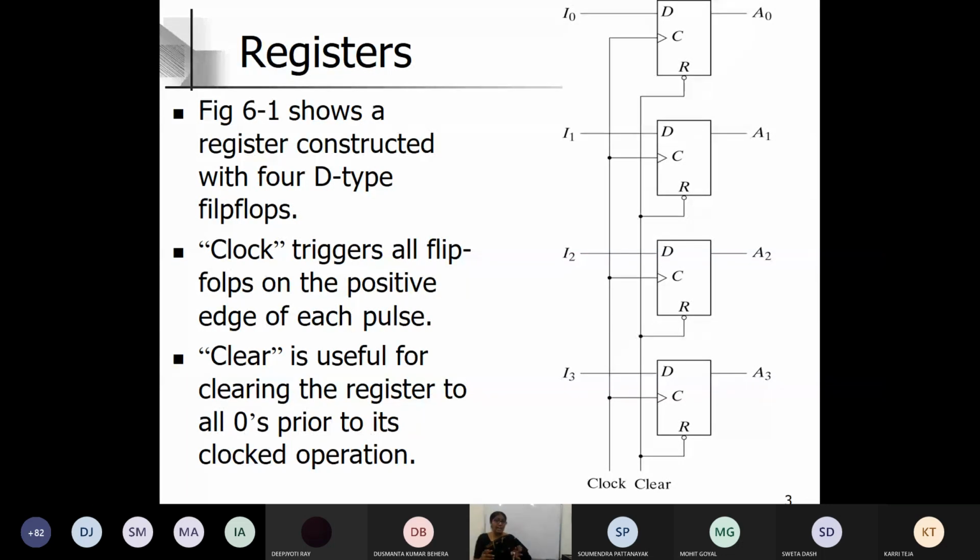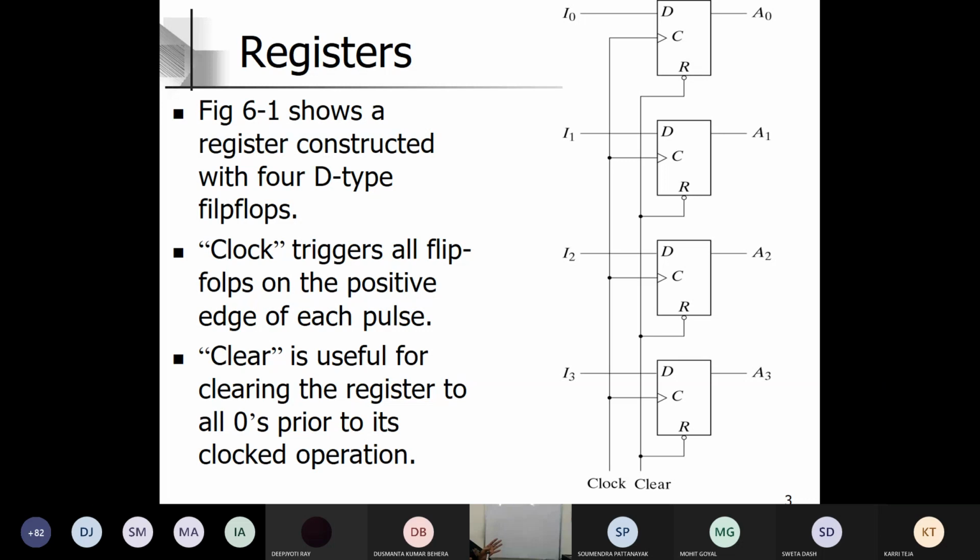In fact, it has a common clock pulse, so definitely it should be a synchronous circuit because they are all working on one trigger, one common positive clock pulse. And there are four inputs, and it's a D-type flip-flop. So what I can see is at a common clock pulse, four inputs enter into the four flip-flops and then four outputs will be generated, isn't it?